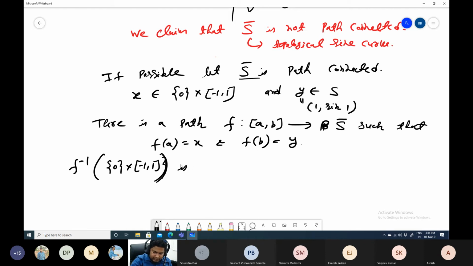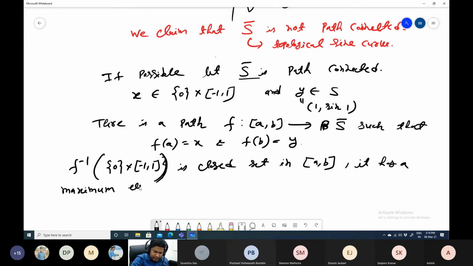Now this is a closed set in [a, b], right? Now since this is a closed set, so it has a maximum element.